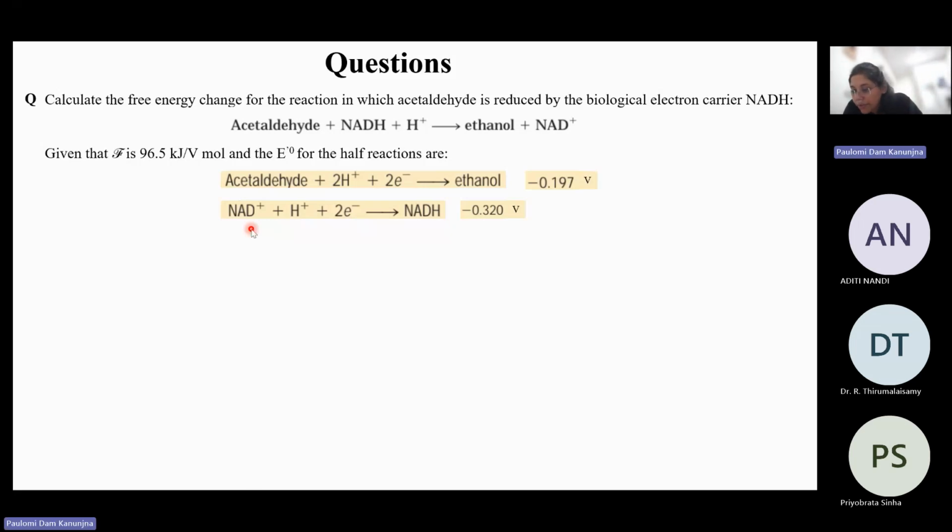Point 934 Faraday. Well, I am asking you in terms of delta G. So could you calculate delta G for me and let me know the value?